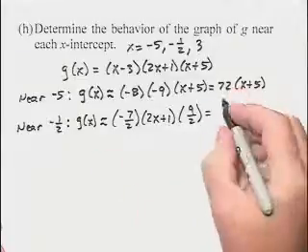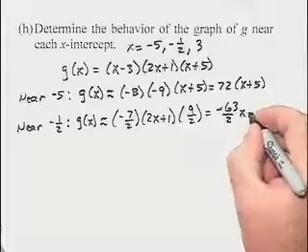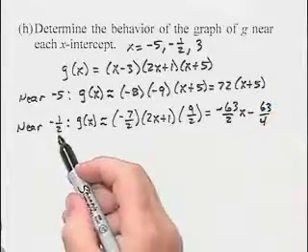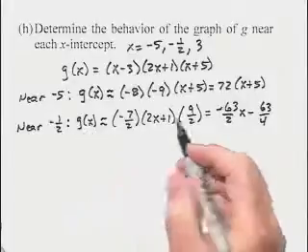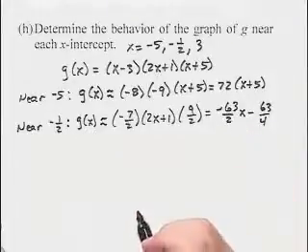If we simplify this, we'll get -63/2 times x minus 63/4. And so near -1/2, the graph of g will look like a line with slope -63/2.